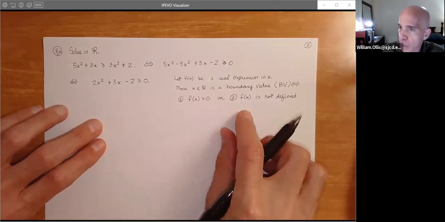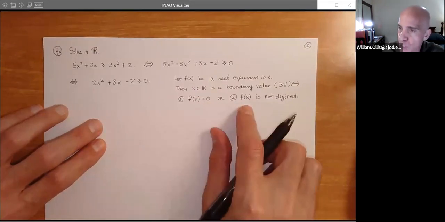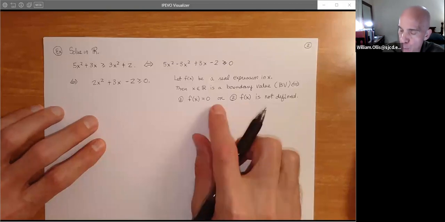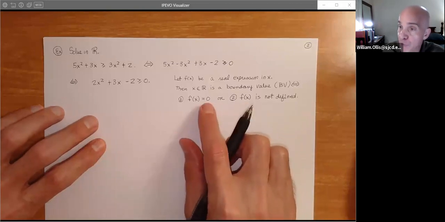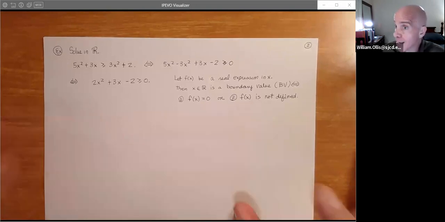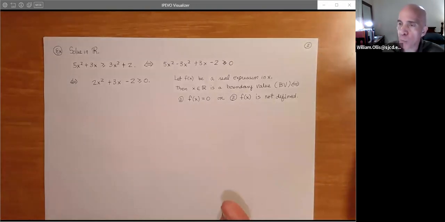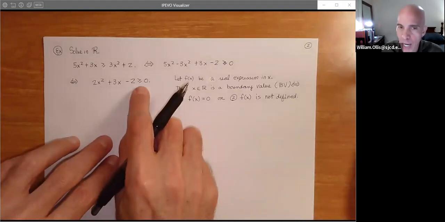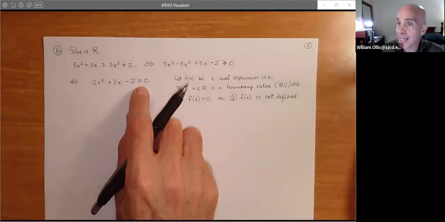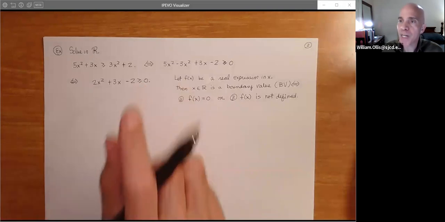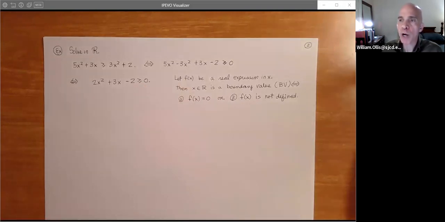Why is this important? Because for these particular values, these particular real numbers, the sign of the expression could change. Doesn't necessarily have to. But when we're trying to figure out when a particular expression has a given sign, then we need to understand where the sign can possibly change.